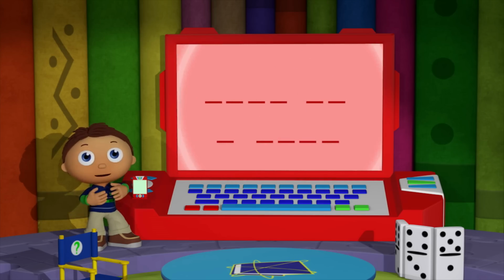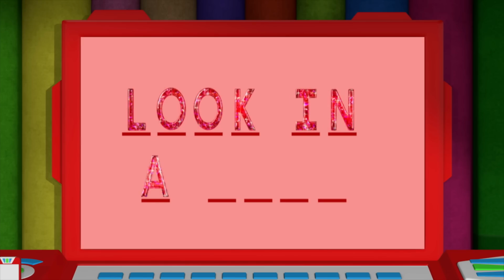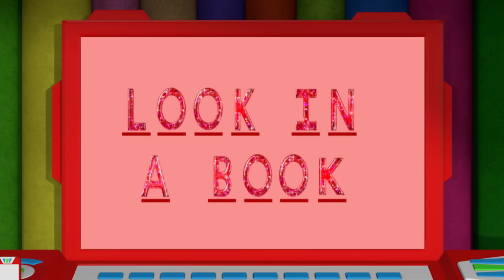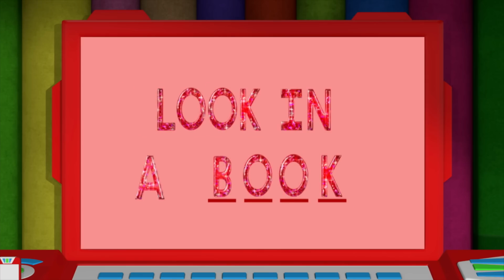Read the letters with me. L, O, O, K, space, I, N, A, space, B, O, O, K. Look in a book. The super story answer is look in a book.